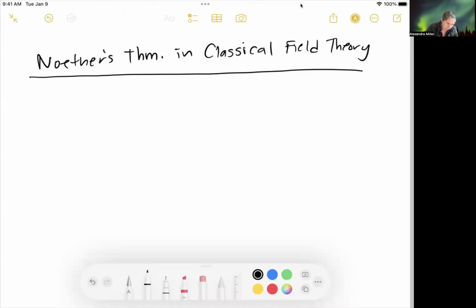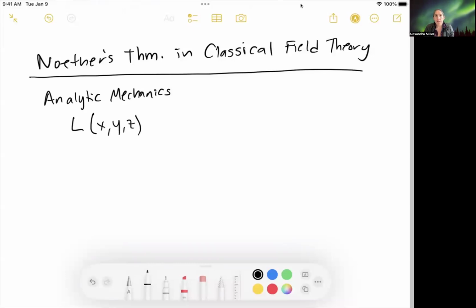So the first thing I just want to remind you, right, in analytic mechanics, we learned that we have this Lagrangian, which defines our system, and it's generally a function of our spatial coordinates. You can also have Lagrangians that are functions of time, but most of the time when we have our conservative systems, it's just a function of our spatial coordinates.